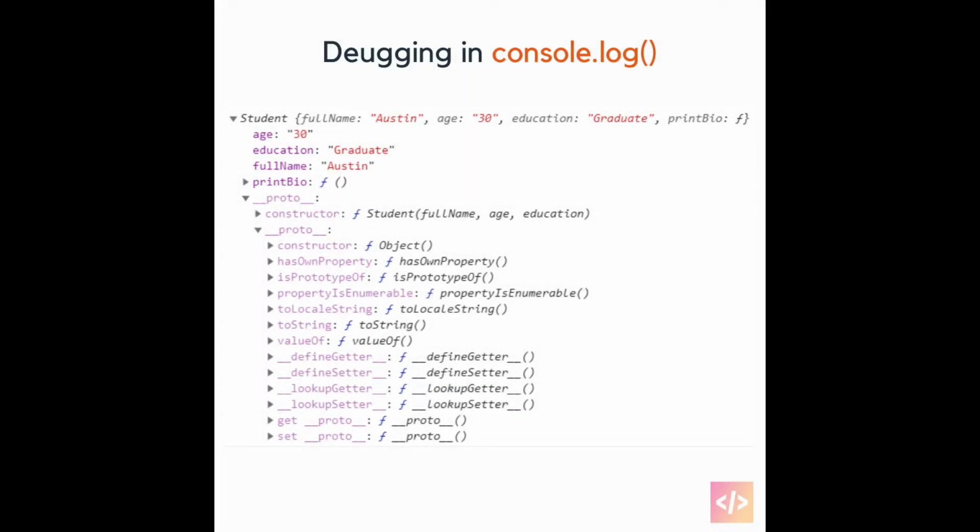So I have printed out the student instance, and here you can see I have the properties age, education, and printBio. Also, I have the default proto which is attached to it and its properties. So by default I have the constructor of the student function and its properties that are defined by the parent object from the window.